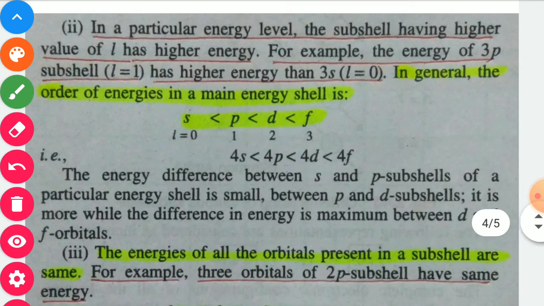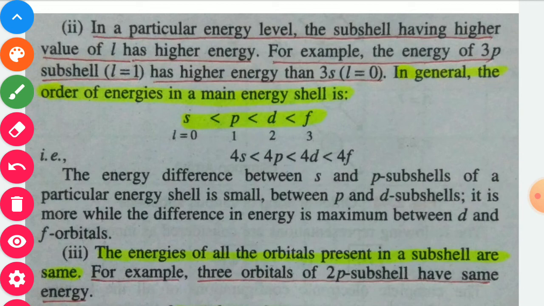That is, the energy difference between the s and p subcells of a particular energy cell is small. Between p and d it is more, while the difference in energy is maximum between d and f. So in short, when the value of L increases, the energy difference between two consecutive L values also increases. If we compare 4s and 4p, the energy difference will be less.